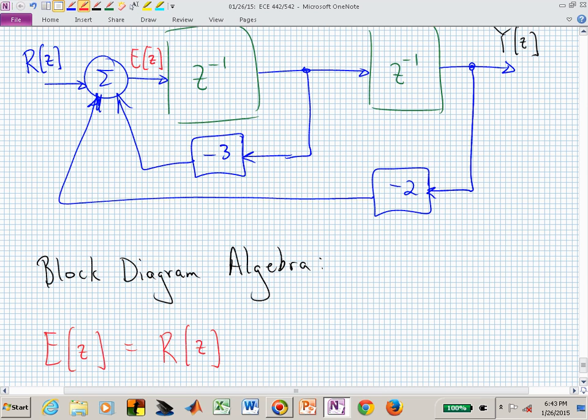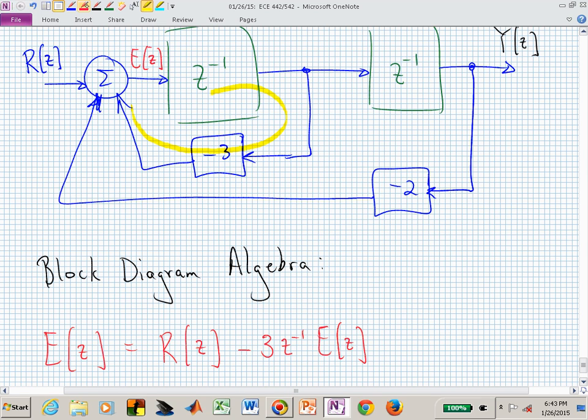The other one, if I am going counterclockwise and I go all the way to the far right, the next one is minus 3 z to the minus 1 E of z. Does everybody see where that came from? That was simply this signal, which is that.